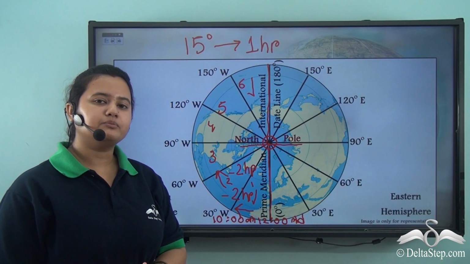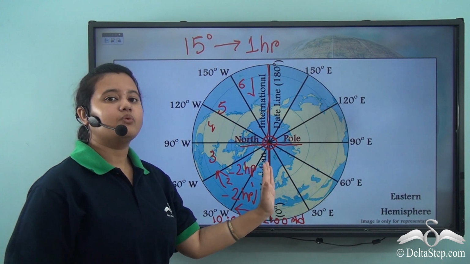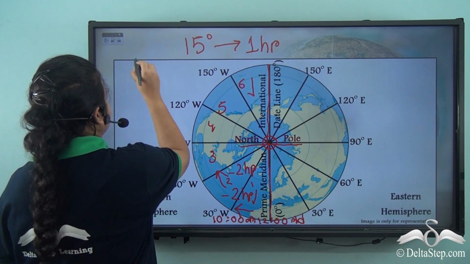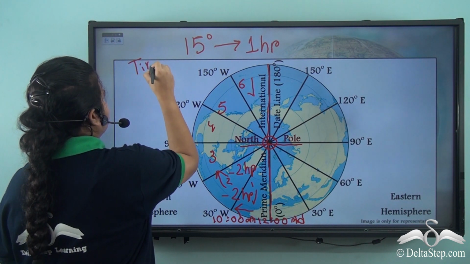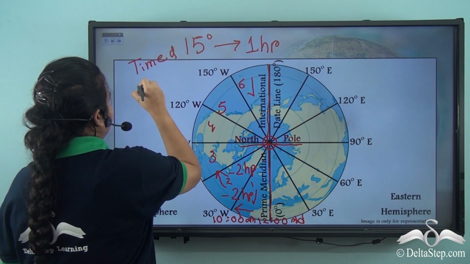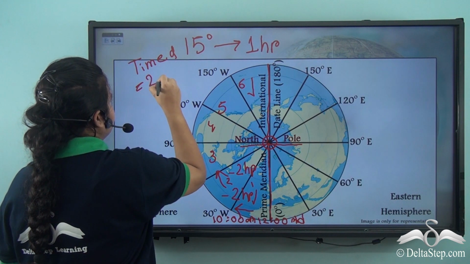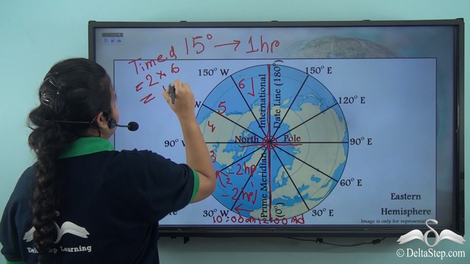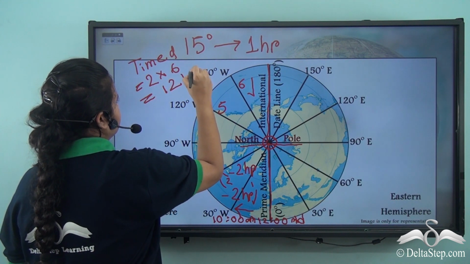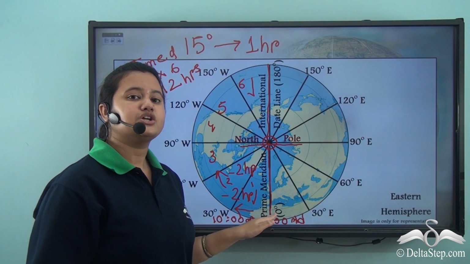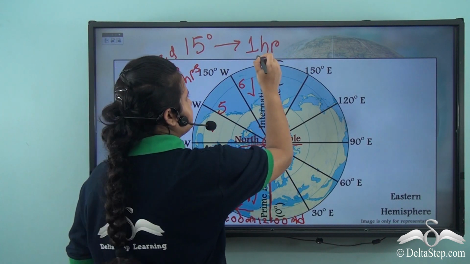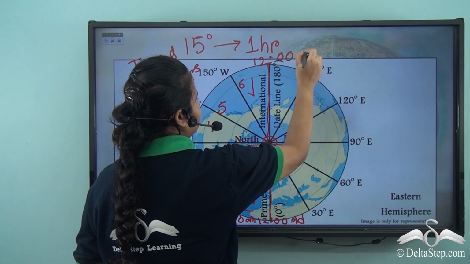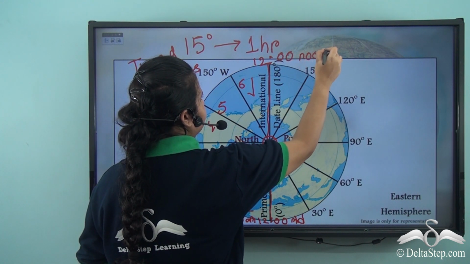So if someone moves from the prime meridian 180 degrees to the west, then there will be a time difference of 2 hours into 6 intervals, which is 12 hours. So if this is 12 midnight, then the time at the international date line will be 12 noon.